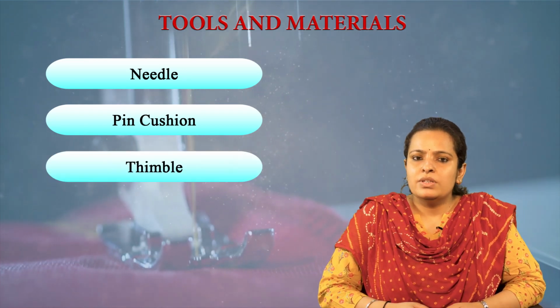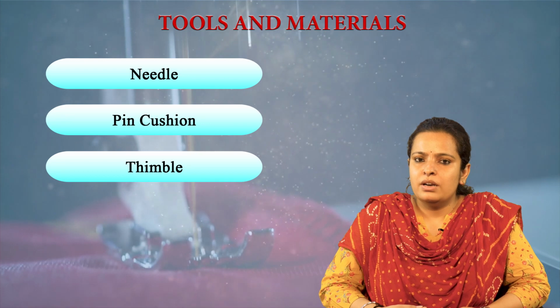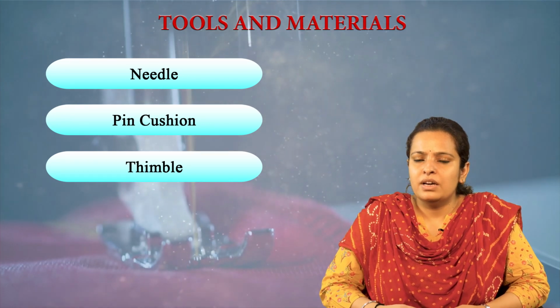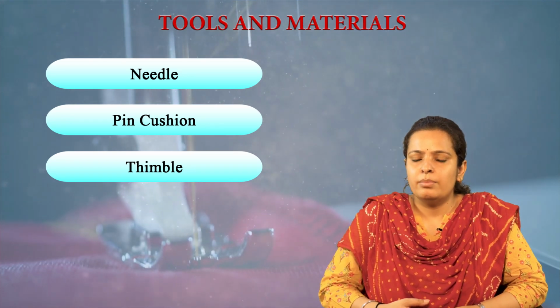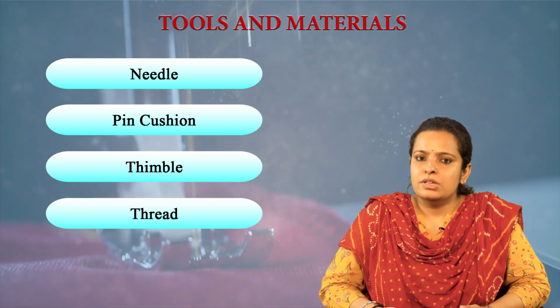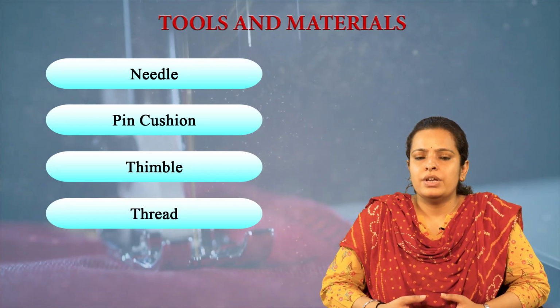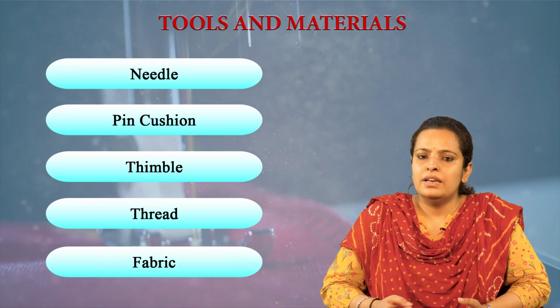We need a thimble, which we wear on our finger so it does not get hurt by the needle. We use different types of threads to create the stitches, and we need a fabric. So these are the basic tools we need.